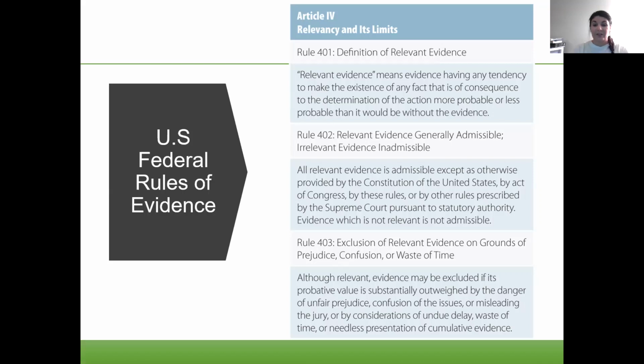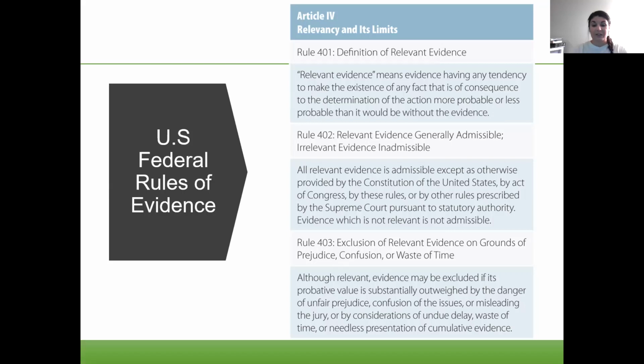Exclusion of relevant evidence on grounds of prejudice, confusion, or waste of time. Although relevant evidence may be excluded if its probative value is substantially outweighed by the danger of unfair prejudice, confusion of the issues, or misleading the jury, or by considerations of undue delay, wasted time, or needless presentation of cumulative evidence.